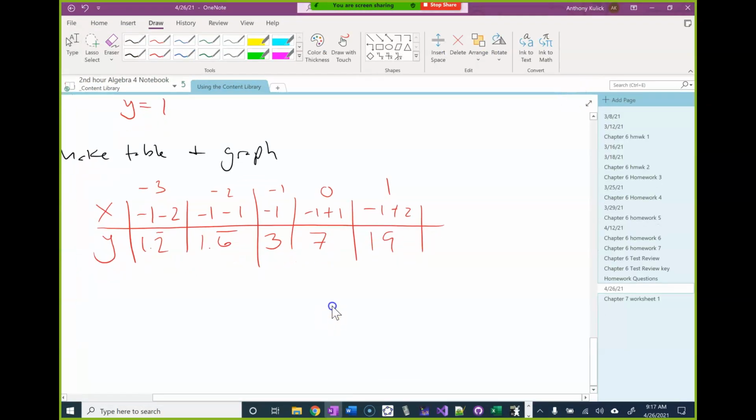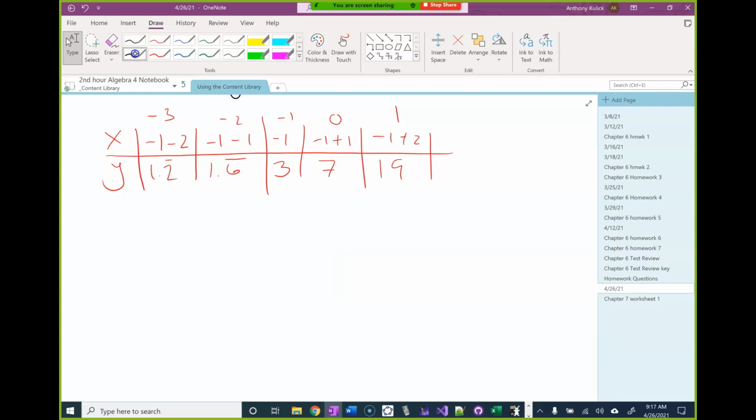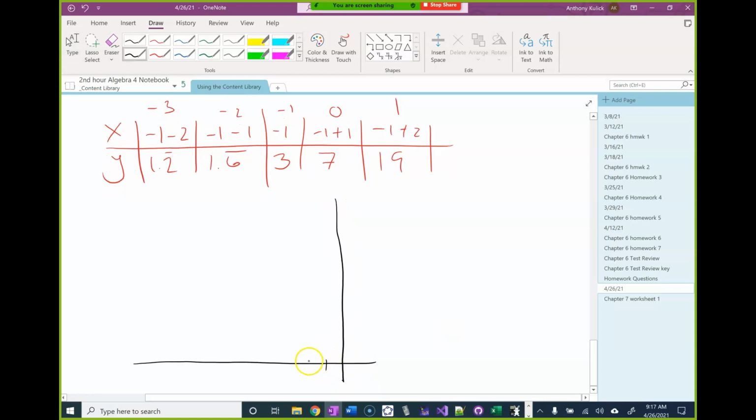Okay, so let's draw our graph now. Let's see, 1, 2, 3, 1. I have to go up to 19, so I think I'll probably go up by 2s.